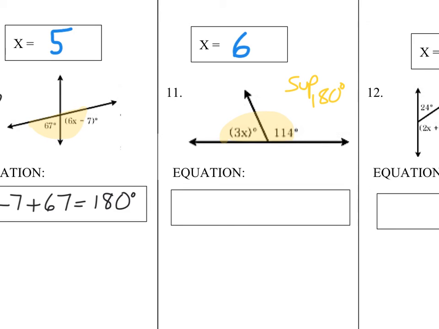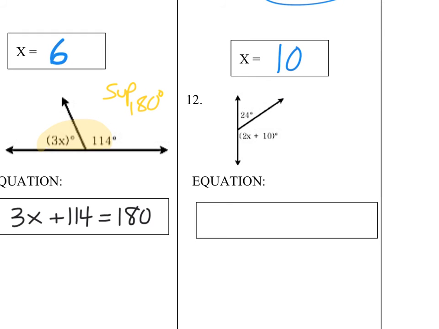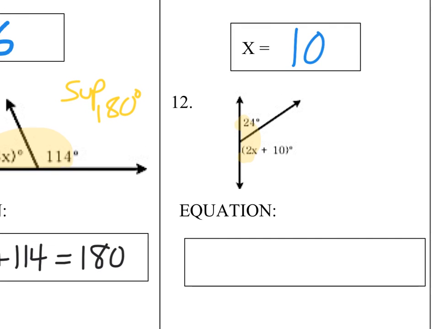So 3x plus 114 is going to equal 180. And then I'm going to look at this one right here. Those two are also going to be supplementary, which add up to equal 180.